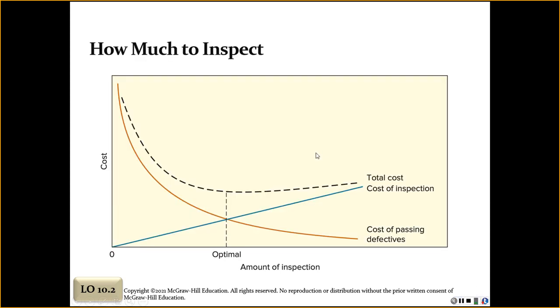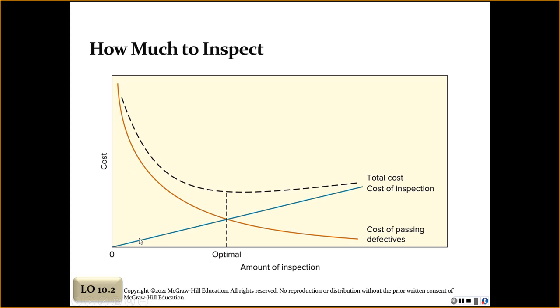One question that needs to be answered is, how much and how often should an inspection occur? This figure goes over what the total cost of an inspection is. The orange line is the cost of passing defects on to a customer.